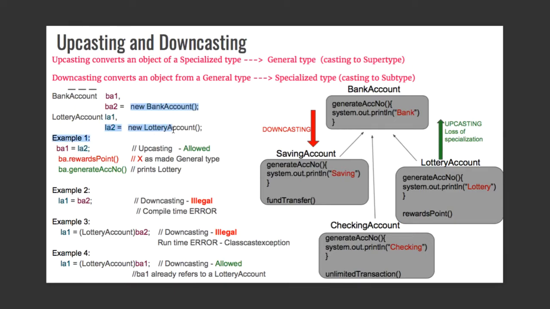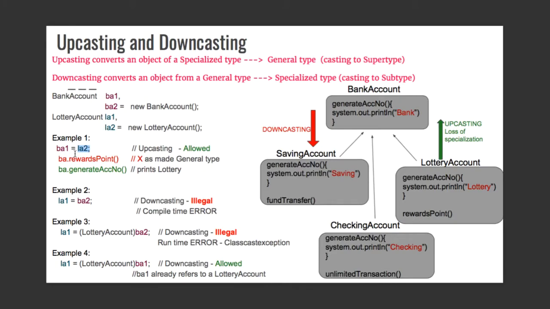LA2, if you see here, is a lottery account object. So BA1 is still of type bank account, but it is referring to a lottery account object. So the type of BA1 decides what methods you have access to, and the reference decides which method implementation you can follow.